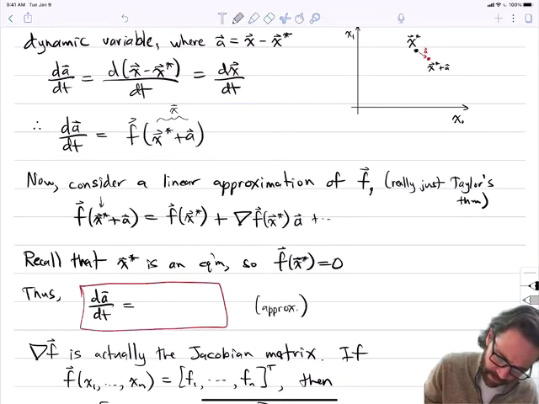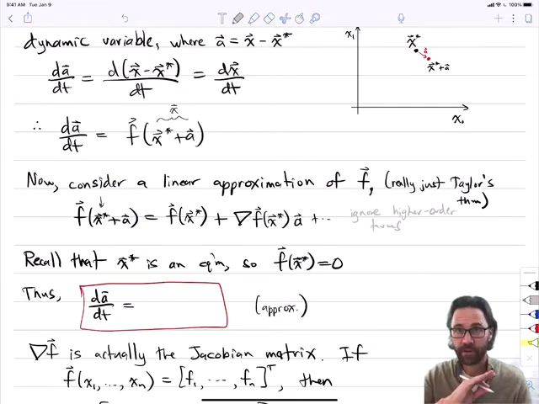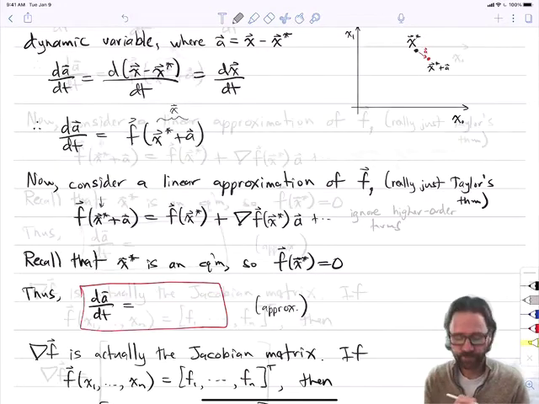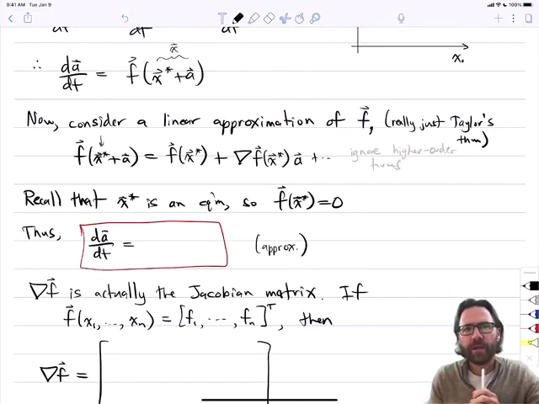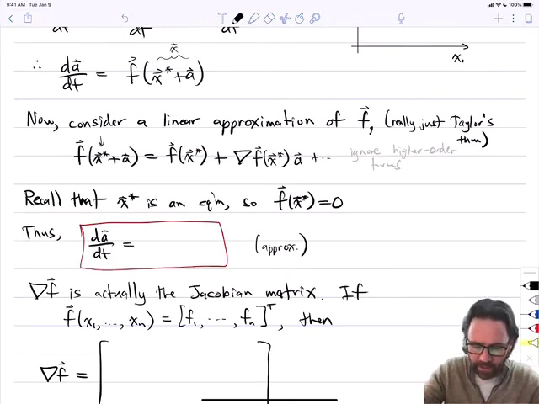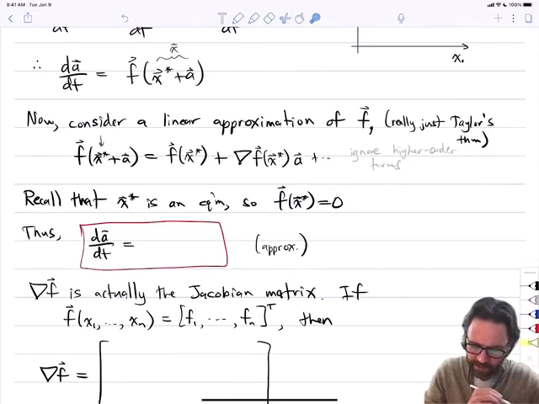So ignore higher order terms. So this is stuff that would involve quadratic and cubic functions of A. Getting rid of those, just linear. This is a linear approximation. Okay, now recall that x star is an equilibrium. So what an equilibrium means is that f of x star, f evaluated at the equilibrium, is 0.